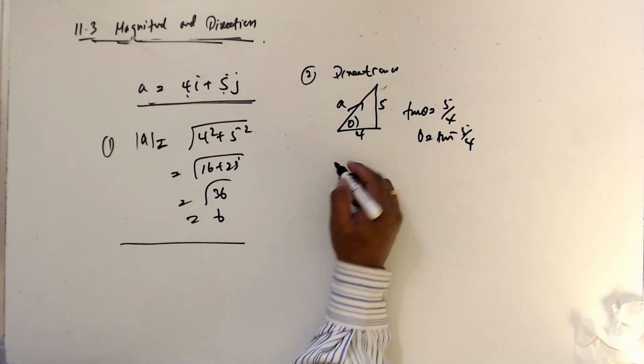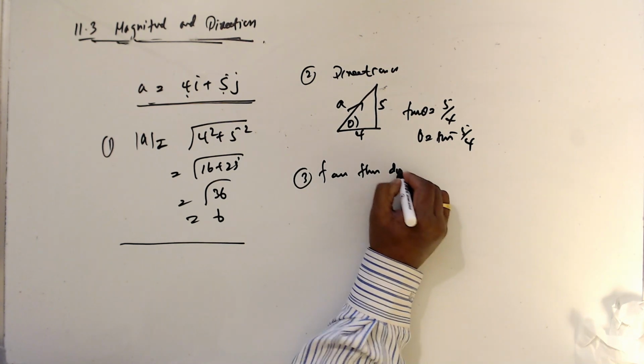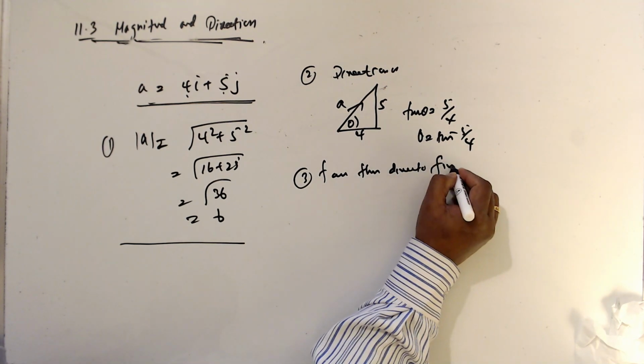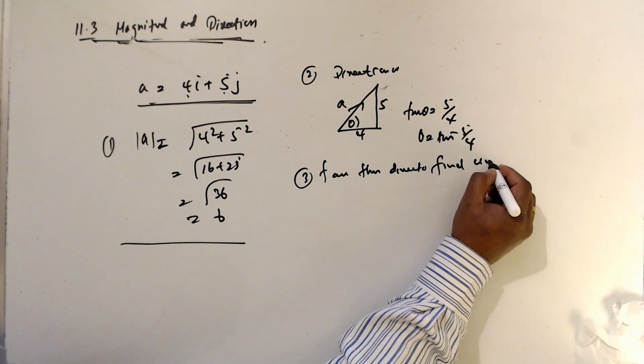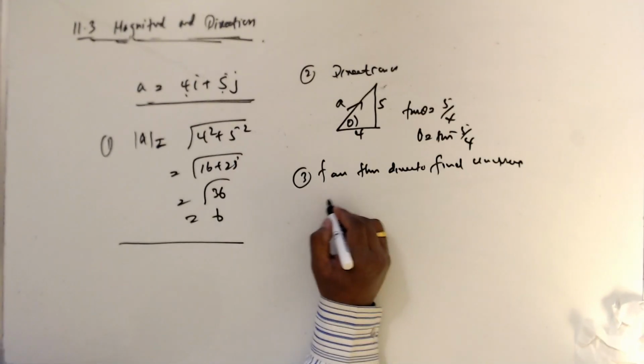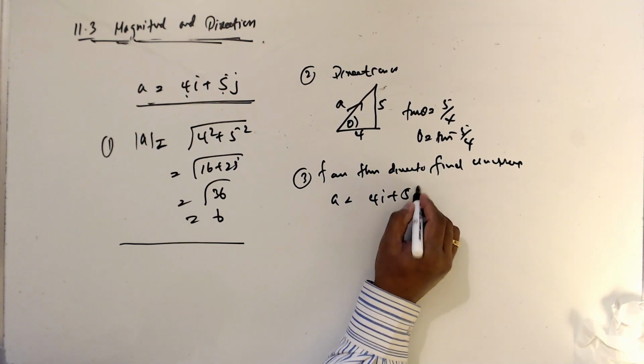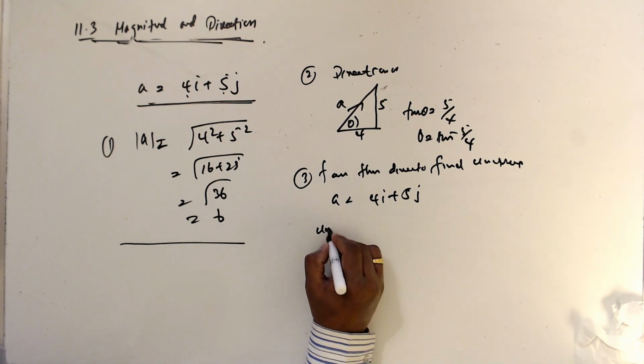Now third, for this direction, find the unit vector. So we have a vector in this direction, 4i plus 5j. Now we'll make the unit vector.